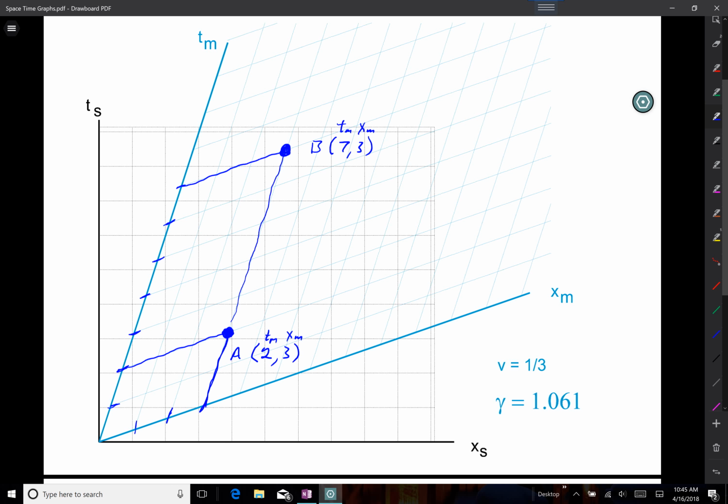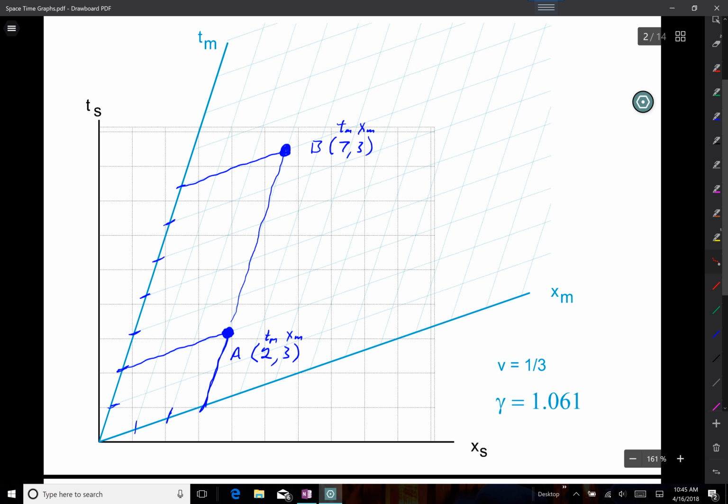There are various questions about distances between dots and in different reference frames and all the rest. Notice something here. Delta X_M. Well, I'm not going to tell you that. I'm just going to leave it alone.